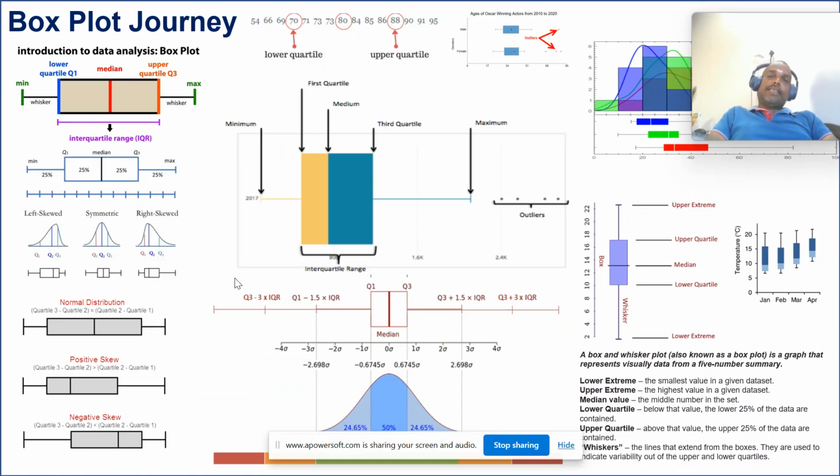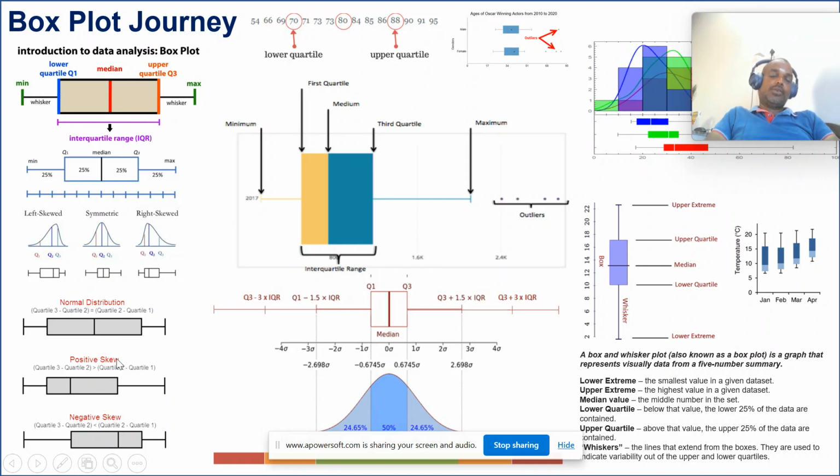So far we have discussed the box plot. Now, how is the box plot represented in visualization? We know what is mean, median, and whisker. This T shape is the whisker. You can see the median, upper quartile Q3, and so on. This is a normal distribution.